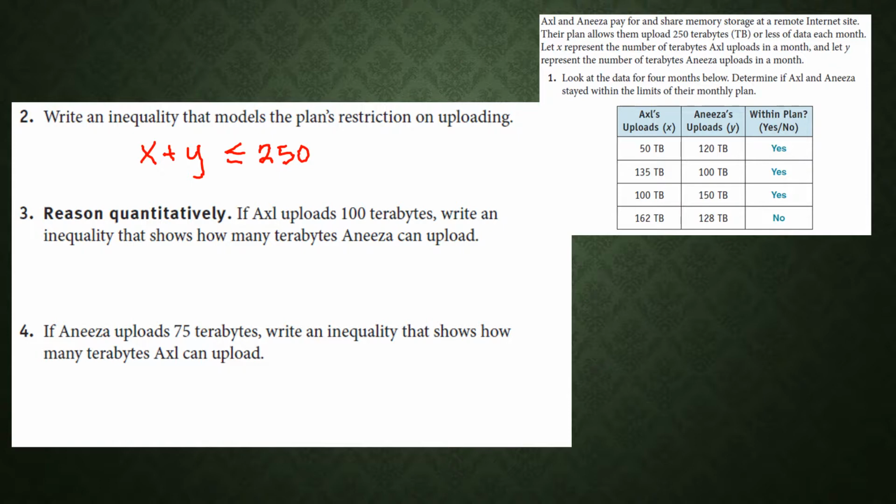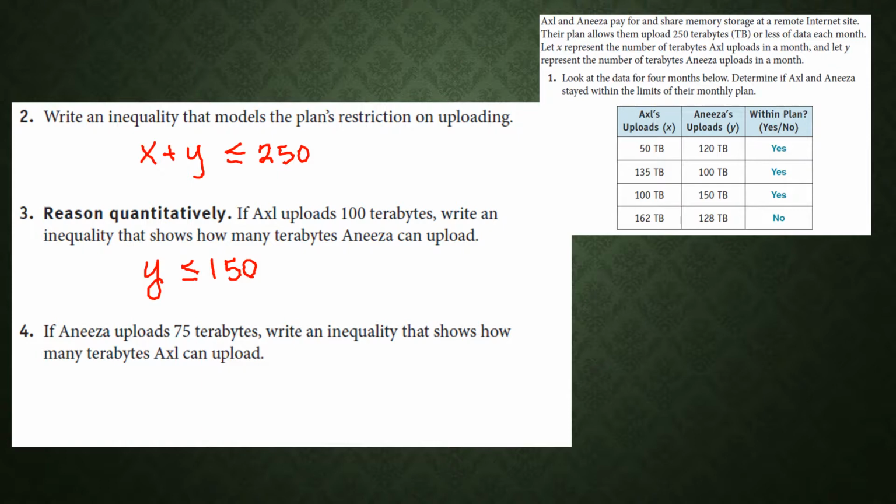So for number 3, if Axel uploads 100 terabytes, write an inequality that shows how many terabytes Anisa can upload. Well, if he already uploaded 100 and their limit is 250, then she could do 150 or less.